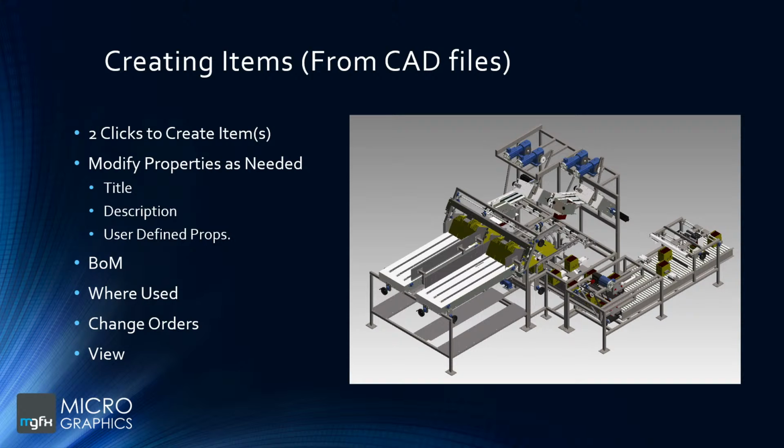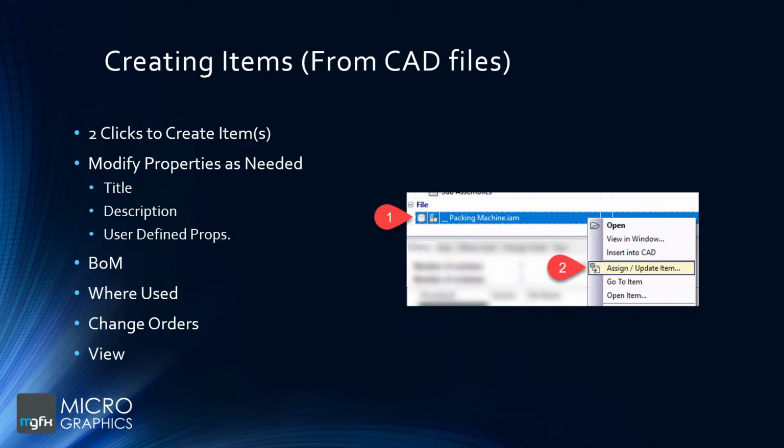Basically, you would right click on the actual assembly file itself. So if I go forward a slide here, we can see in the right click menu for that assembly file, we've got the option to assign or update item. Now, if the item does not already exist, it will assign this assembly to that item.